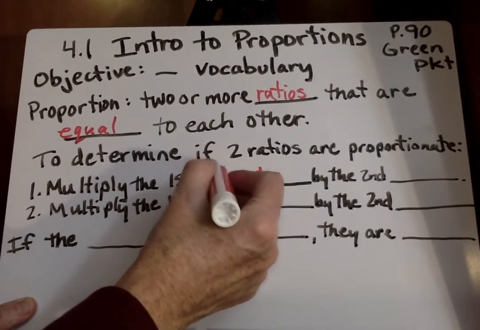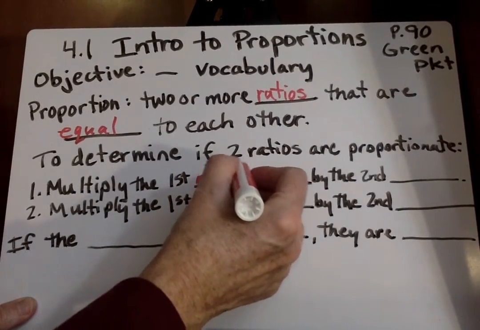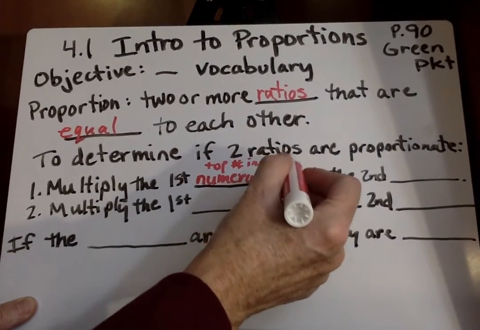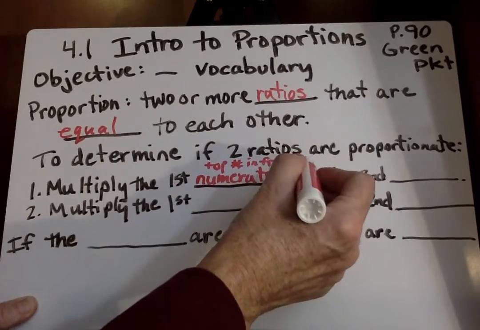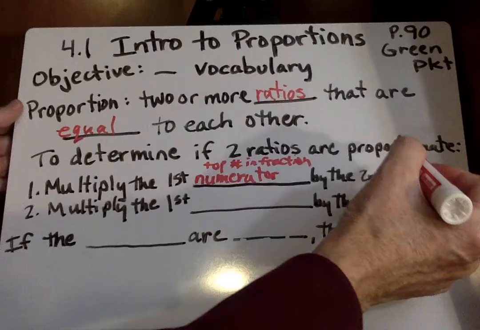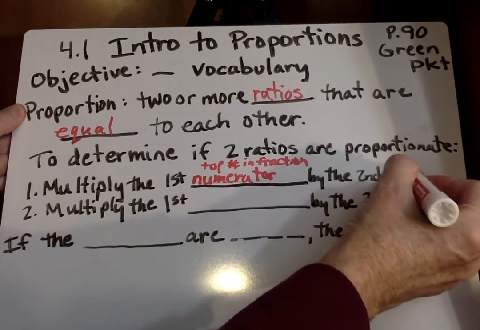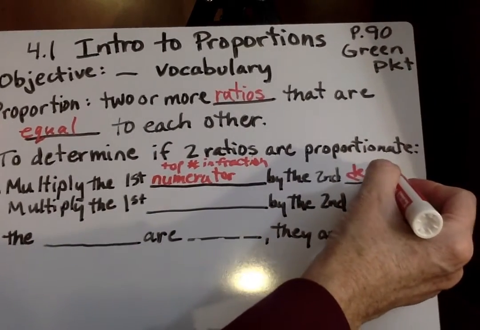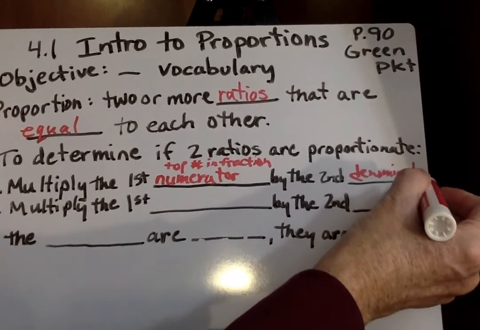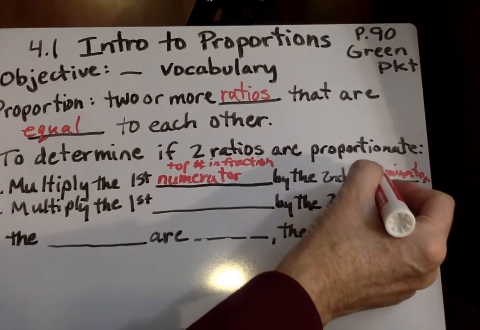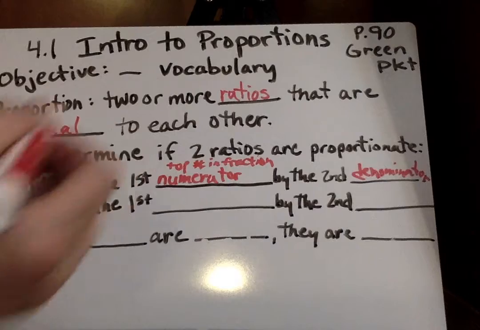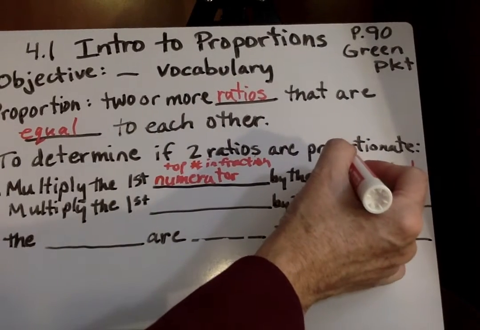That would be the top number in the fraction, by the second denominator. Denominator is the bottom number in the fraction.